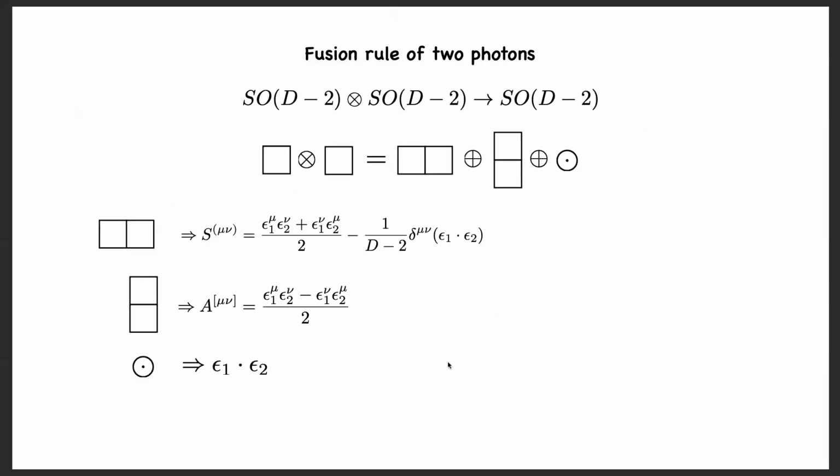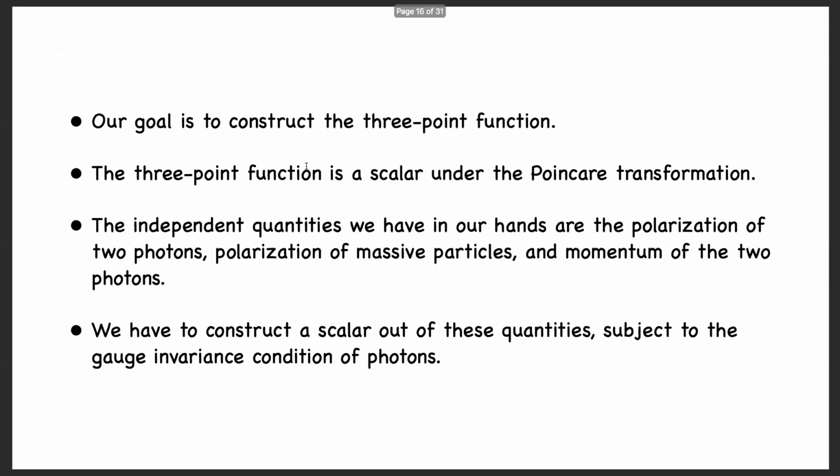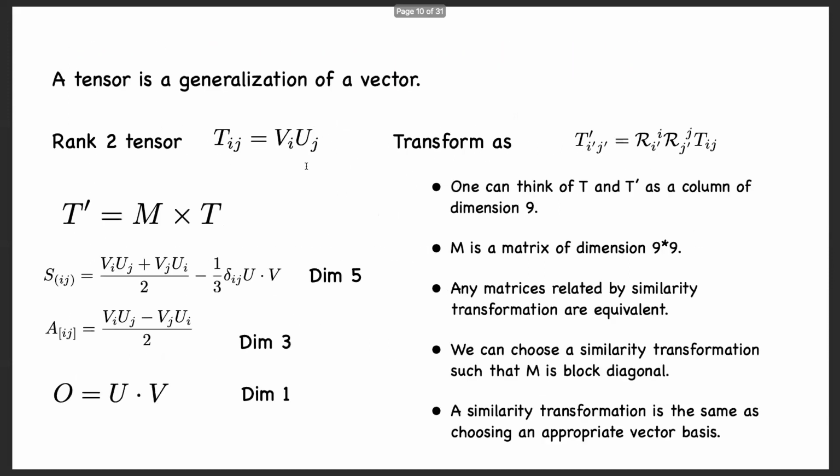So before constructing the actual super function, let's do one more thing. As I have described in this example, a team is constructed of two vectors, but then I can further boil it down to a symmetric tensor and one antisymmetric tensor.